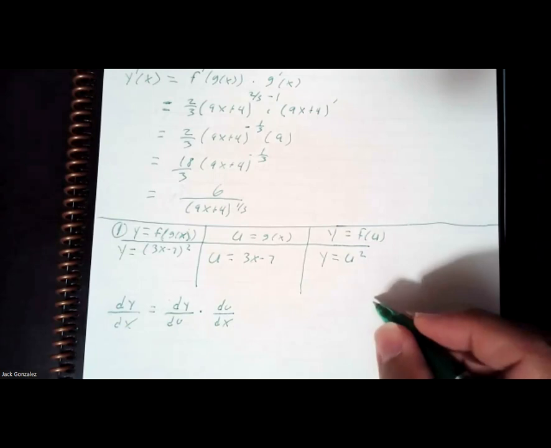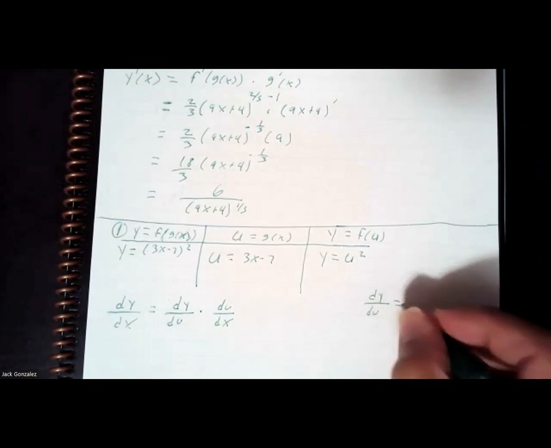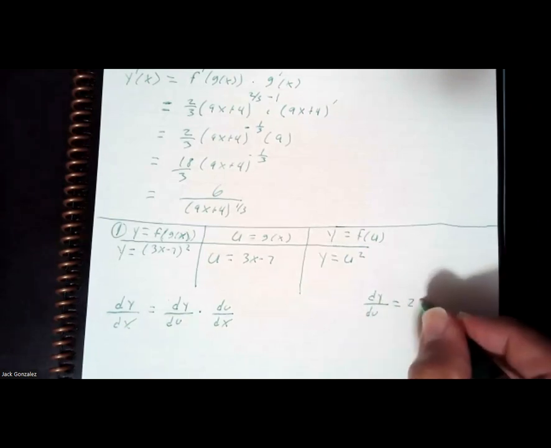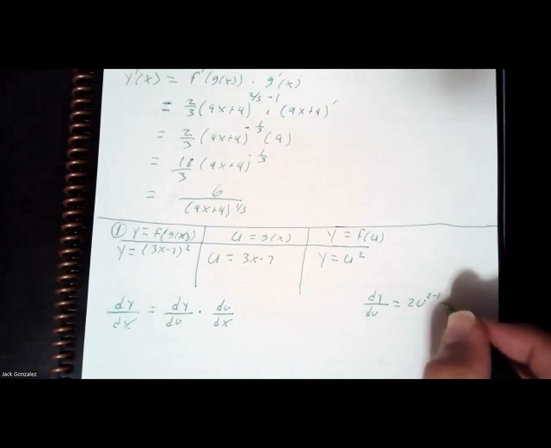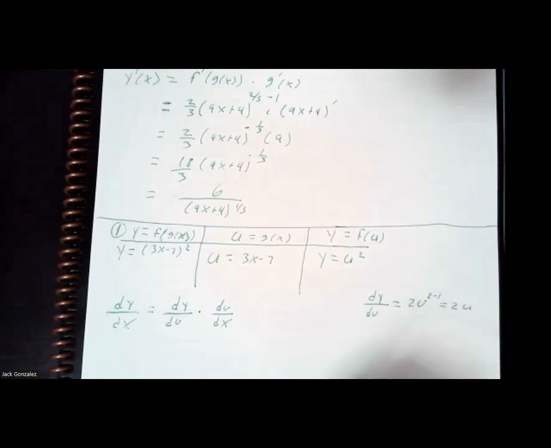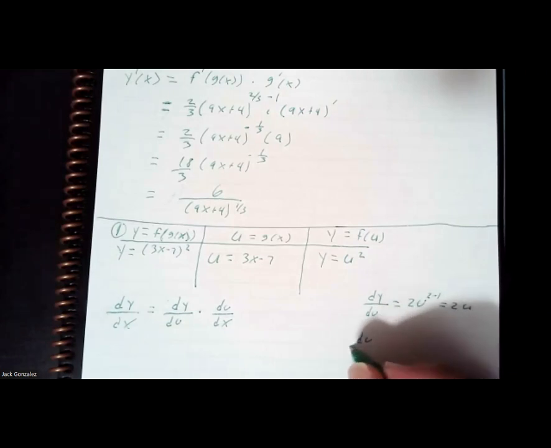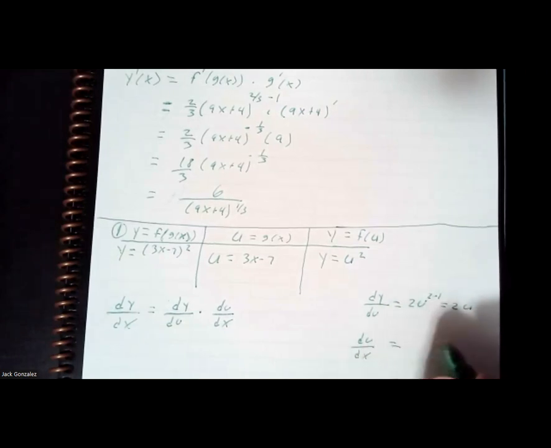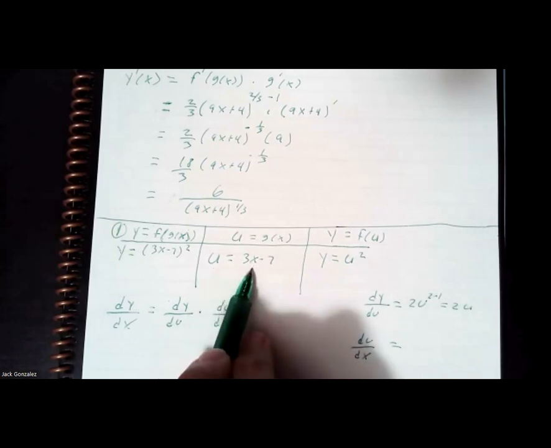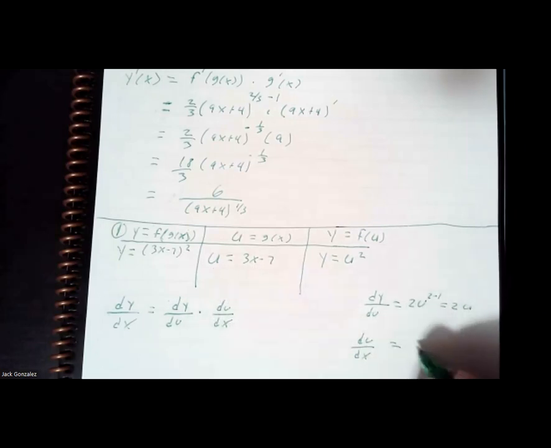So just go ahead on the side and find those real quick. dy du would mean take the derivative of y with respect to u. So that would be 2u, 2 minus 1, 2u, right? du dx would be the derivative of u with respect to x, so that would simply be 3.